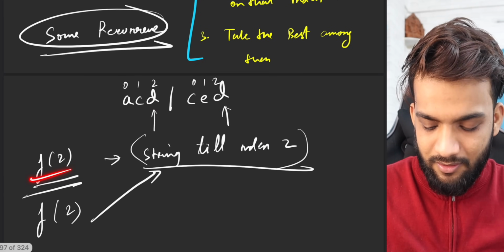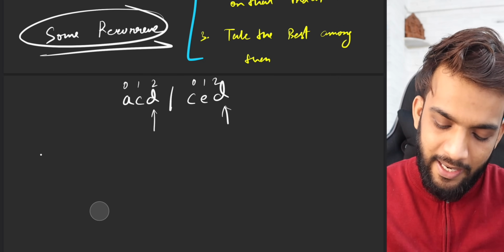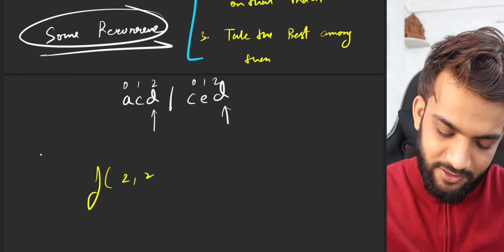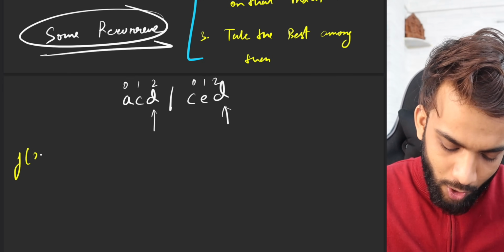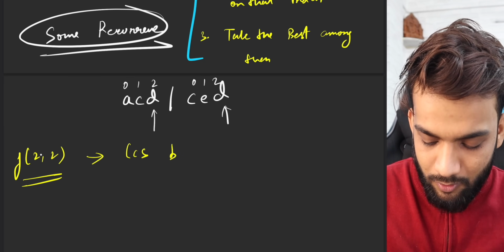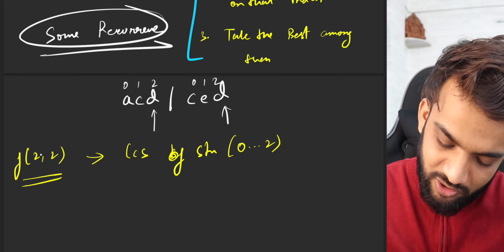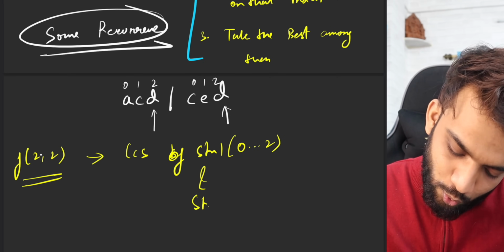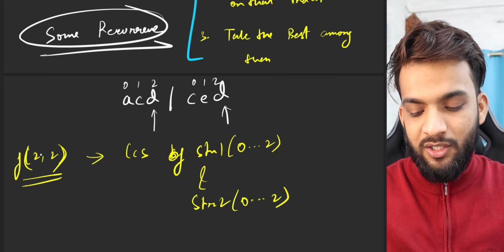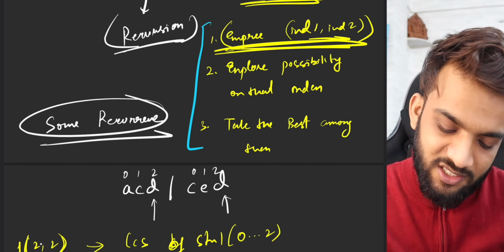So if I write f of 2 comma 2, what does this represent? It represents the LCS of string 1 from 0 to 2 and string 2 from 0 to 2. So we have understood the expressing term.